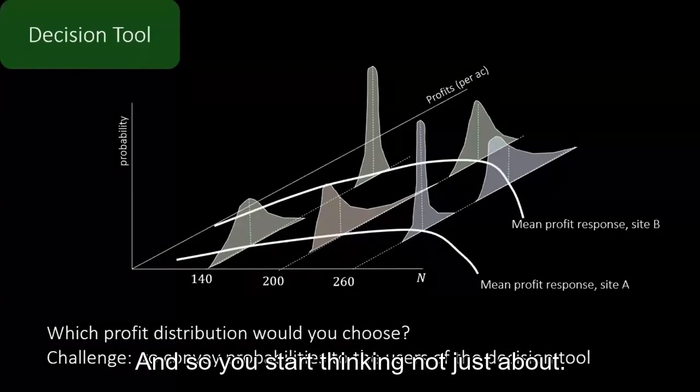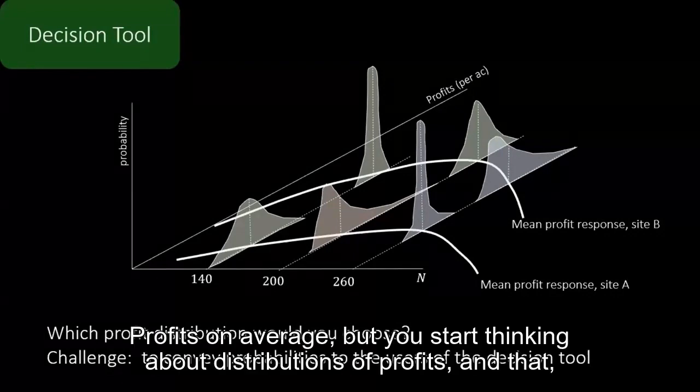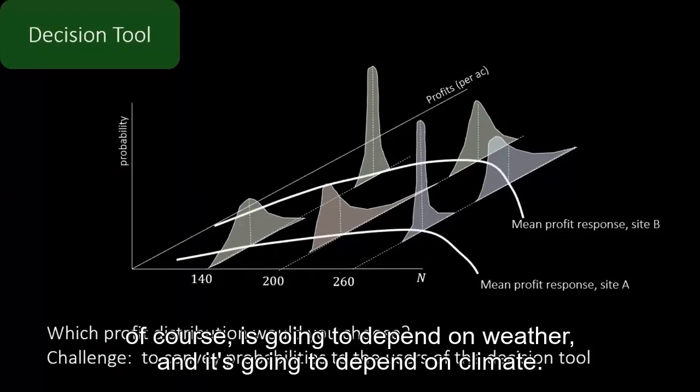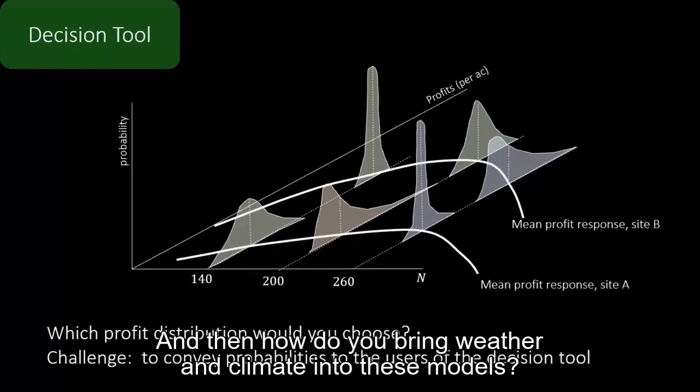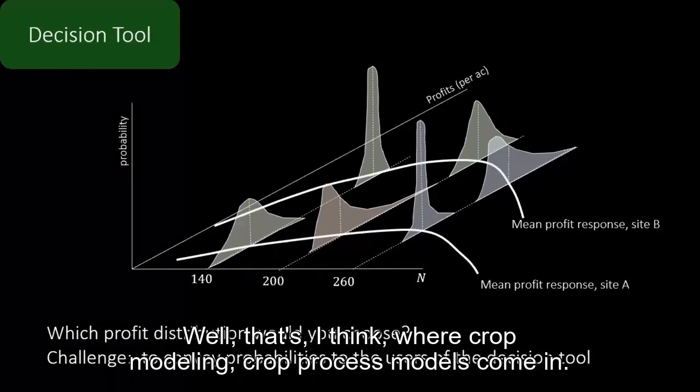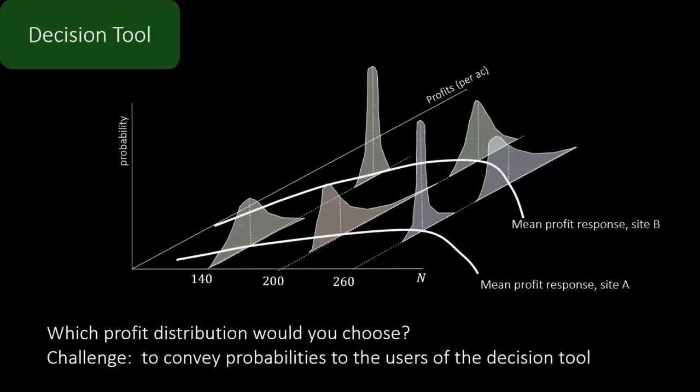And so you start thinking not just about profits on average, but about distributions of profits. And that, of course, is going to depend on weather, and it's going to depend on climate. And then how do you bring weather and climate into these models? Well, that's, I think, where crop process models come in.